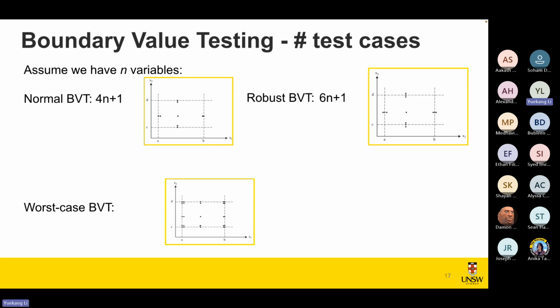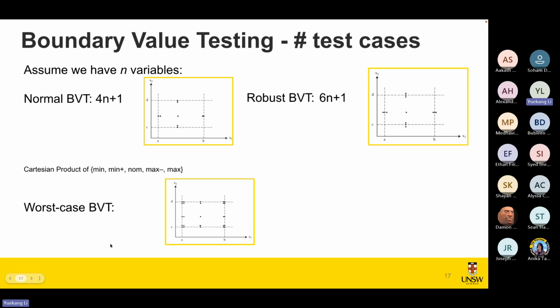And for worst case boundary value testing, what is the number of needed values? Because we are allowing more than one value to take the extreme value, it's like a permutation of the selections between each parameter. We are selecting values from a limited set, like minimum, minimum plus, normal, and so on, but we are doing permutations across different parameters.